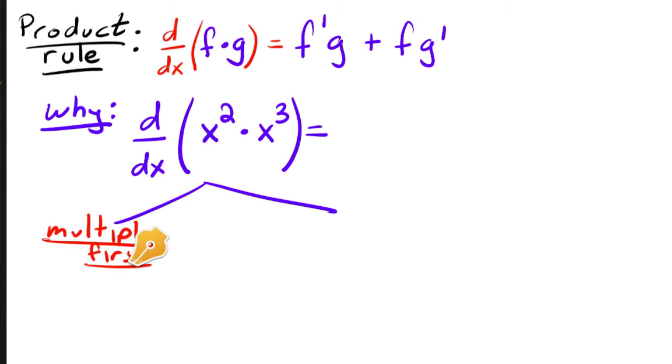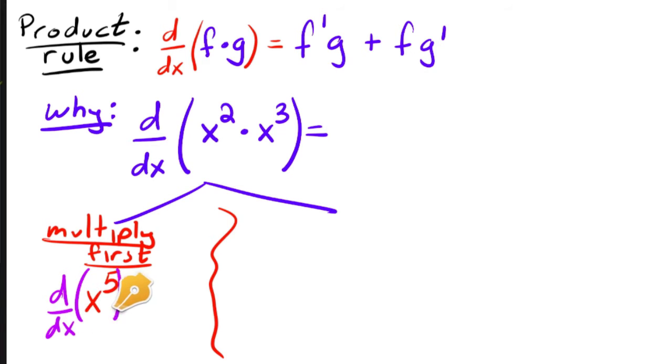Okay, so if I multiply them first, I get x squared times x to the third is x to the fifth. And if you get the derivative of x to the fifth, that equals 5x to the fourth, using the power rule. Aha.